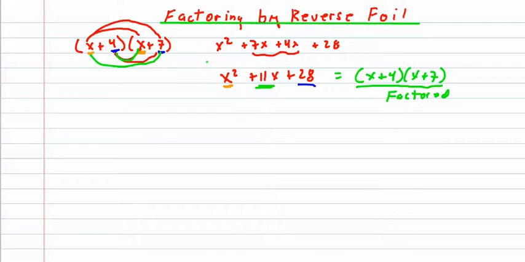I am going to give you this problem, and you are going to give me this. You're going to write this as a product of two factors. You're going to undo this FOILing process. Okay? So let's look at a few quick examples.